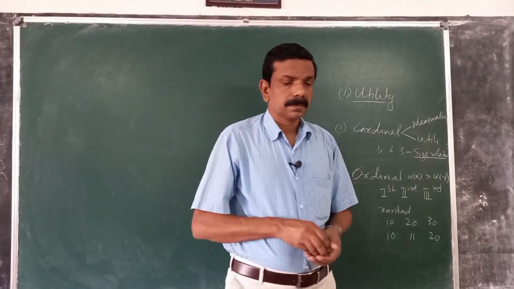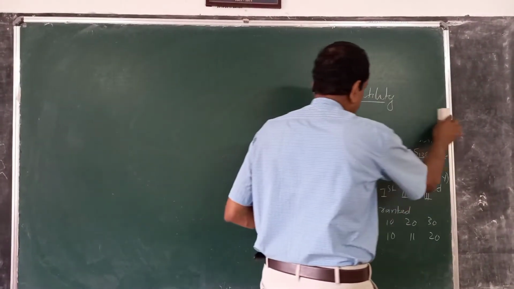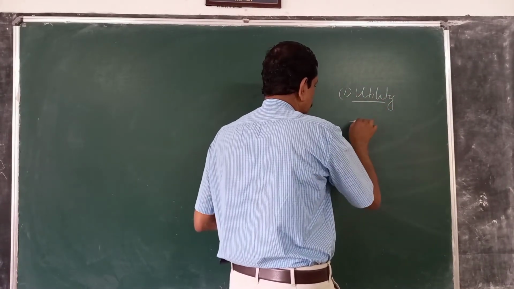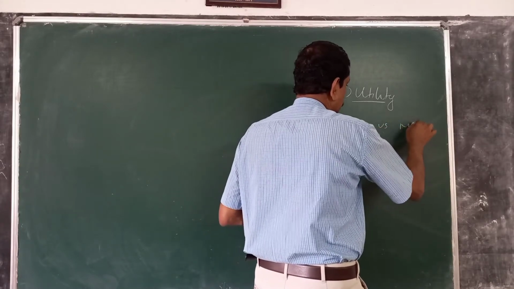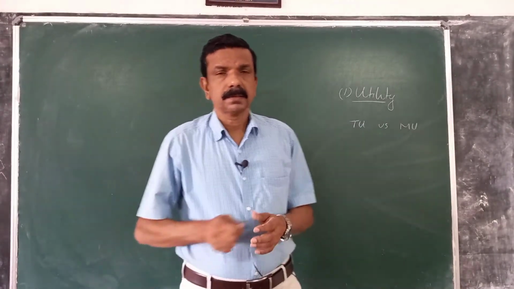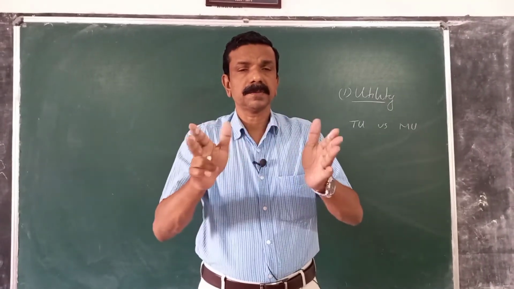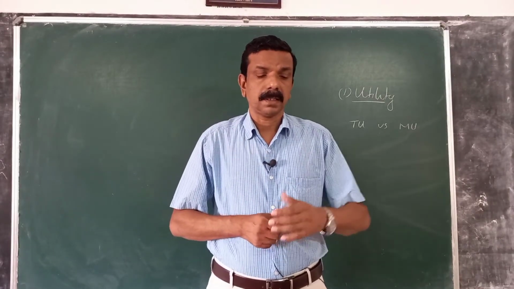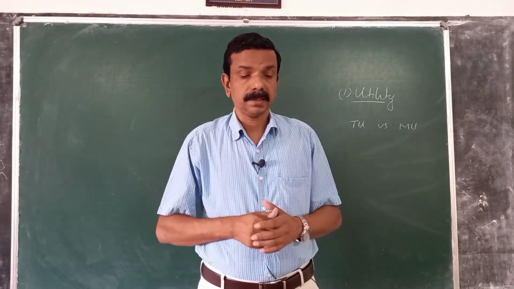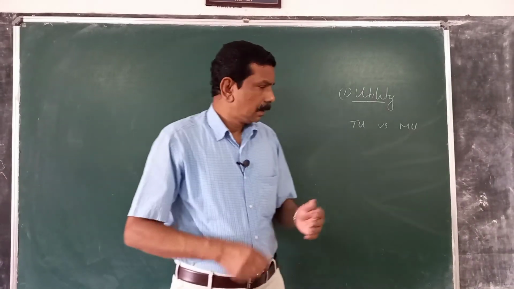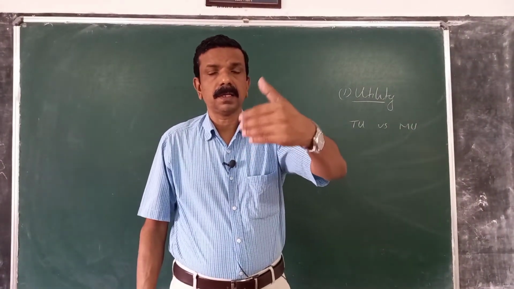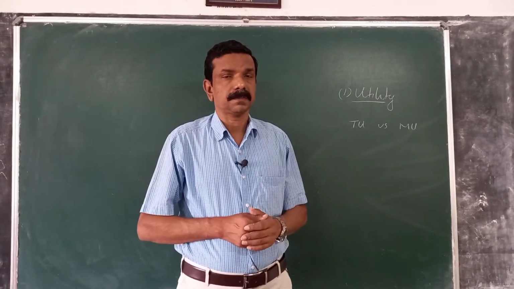Another concept is total utility versus marginal utility. Total utility is defined as the overall satisfaction that an individual receives from consuming a specified quantity of a commodity per unit of time.